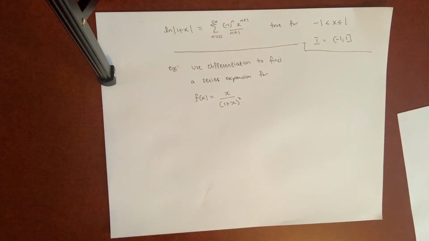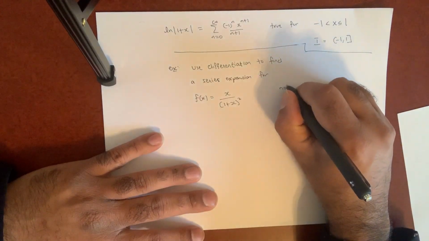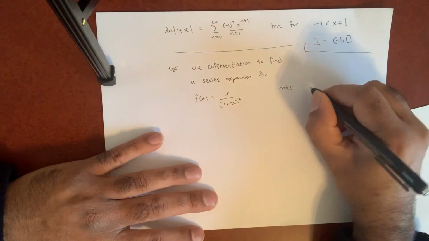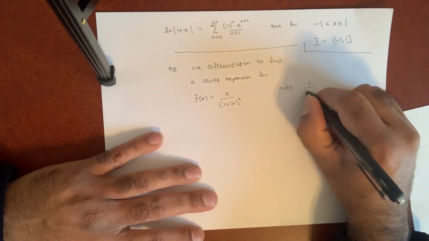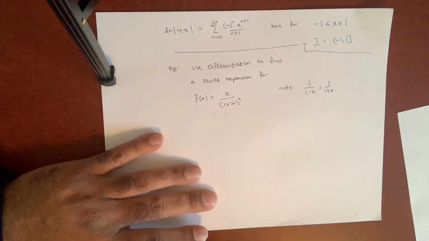Okay. So what we're going to note is, because most of these, we're always going to relate it somehow to 1 over 1 minus x or 1 over 1 plus x or something like that.